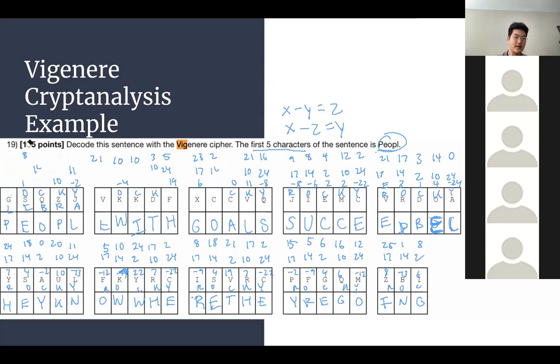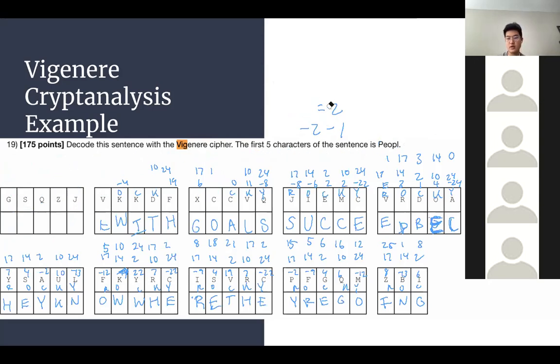And somebody asked, can the keyword be longer or as long as the quote itself? Not for Vigenere. There's a variant of Vigenere called a running key, where the key is super long and it never repeats because the quote is just too short to make it repeat. It used to be a part of Div C, but it got removed last year.